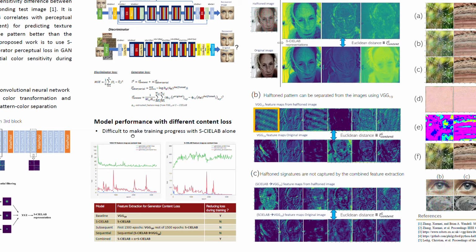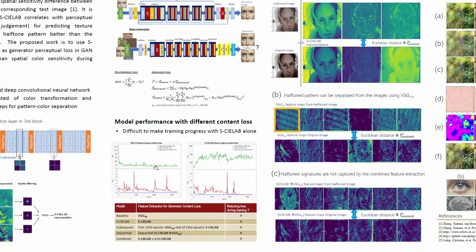From the results, we can see that the content loss of the VGG feature map reduces gradually during training, while it's difficult to make training progress, and the content loss actually gradually increases when the feature map is extracted by S-CIELAB.